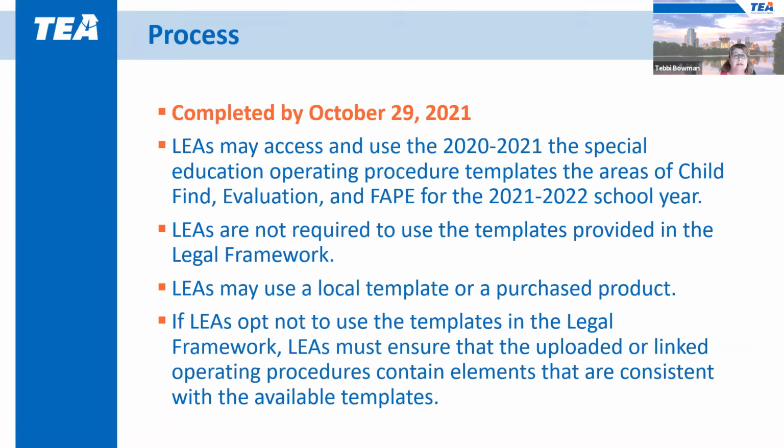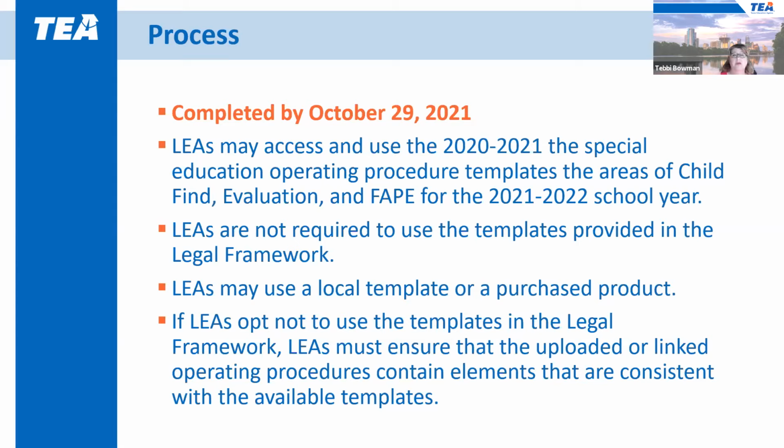The LEAs may still access and use the same templates that they used last year in the areas of child find, evaluation, and FAPE for the 2021-2022 school year. Just like last year, the LEAs are not required to use the templates provided in the legal framework.